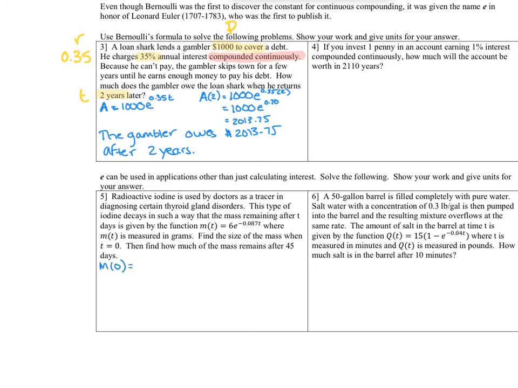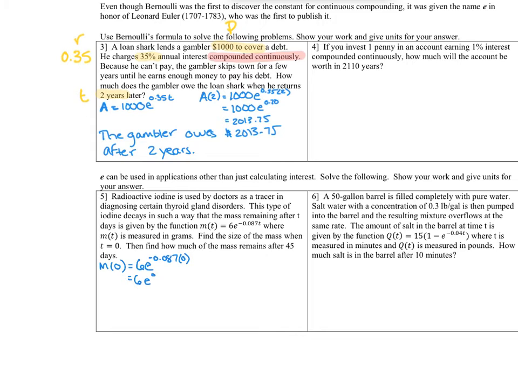m of 0 is 6, so it started, looks like, with 6 grams, times e to the negative 0.087, that's our rate, times our time of 0. We're going to have 6 times e to the 0, since anything times 0 is 0.